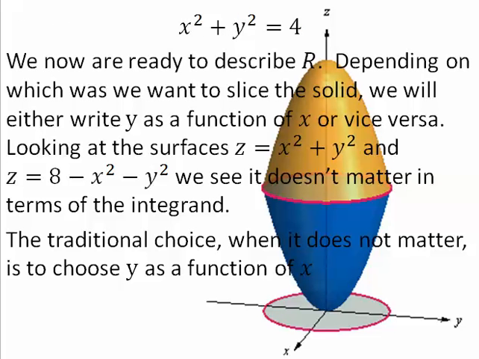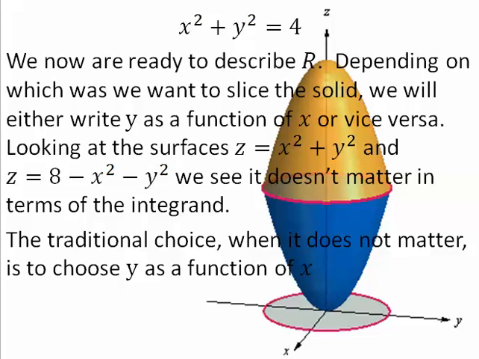We are now ready to describe R. Depending on which way we want to slice the solid, we will either write y as a function of x or vice versa. Looking at the surfaces, we see it doesn't matter in terms of the integrand. The difficulty of the problem is the same either way.